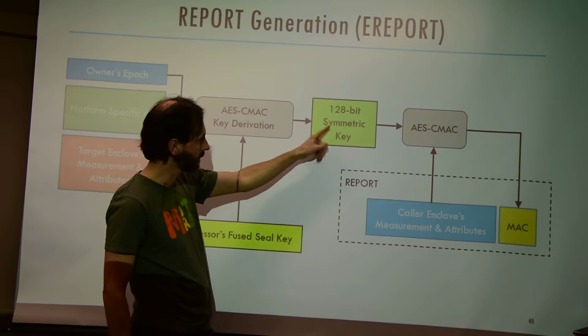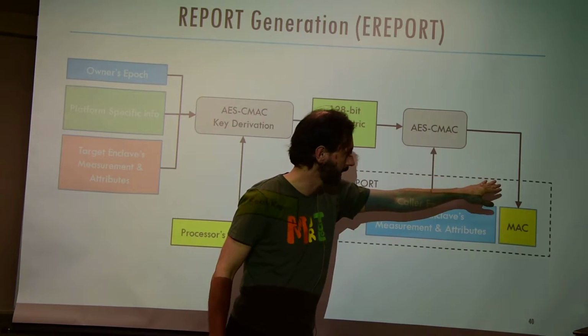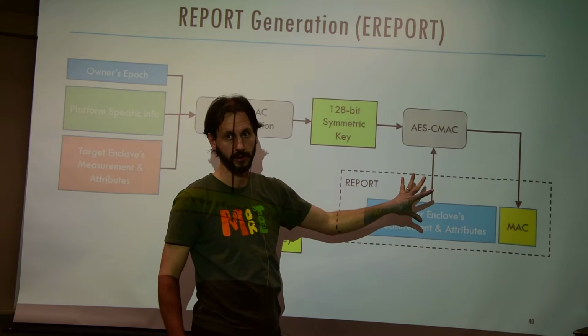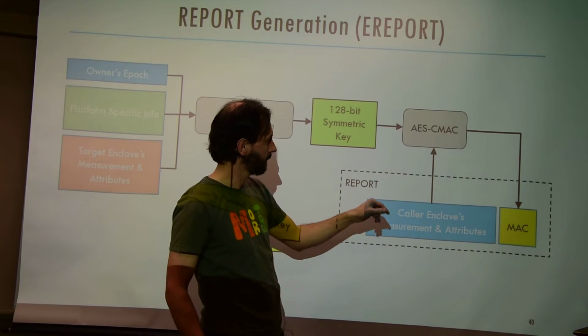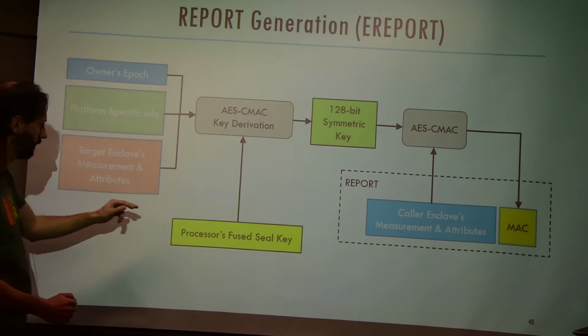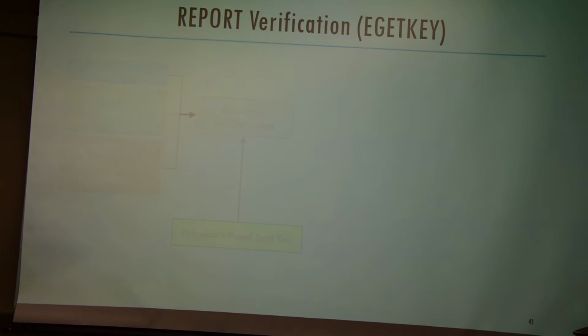The report key is now mixed with the identity of the caller enclave into a MAC key. And the MAC key is used to produce a MAC over the whole report. So that means that the MAC key binds the caller enclave's identity, the processor's identity, and the target enclave's identity all together.